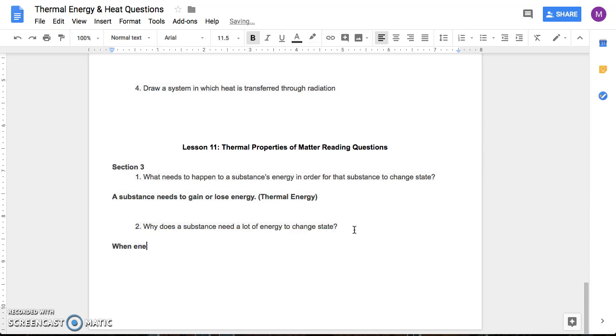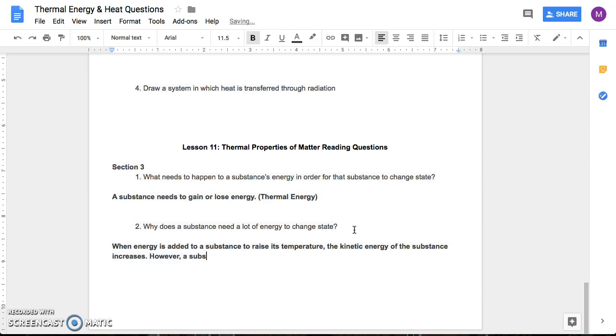So when energy is added to a substance to raise its temperature, like I said, the kinetic energy of the substance increases. Just kinetic energy. Remember, or recall that temperature is based on the average kinetic energy of a substance. So when kinetic energy increases, we're only increasing the temperature. We're not changing state.